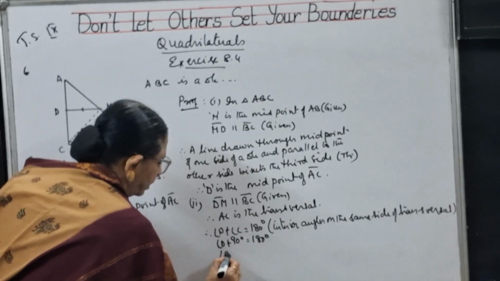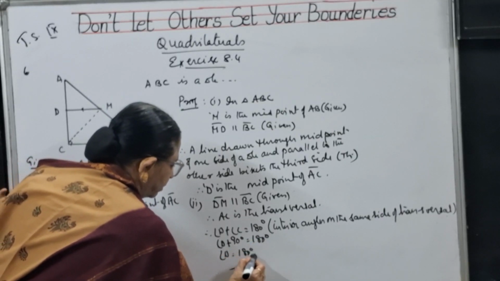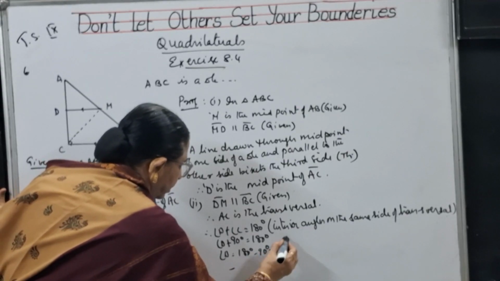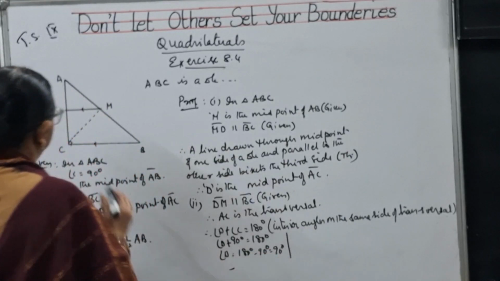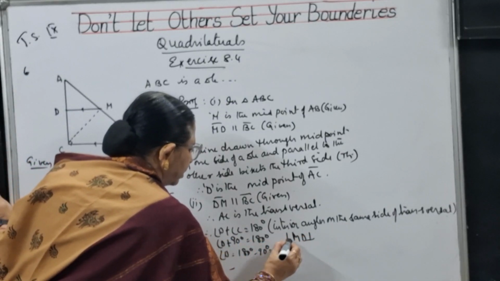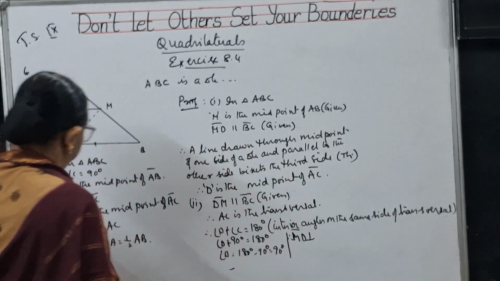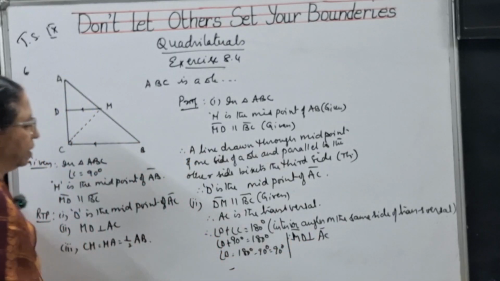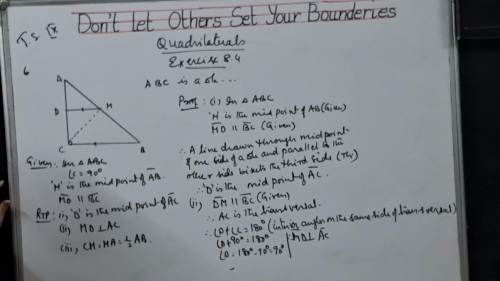So what is angle D? 180 degrees minus 90 degrees, that is 90 degrees. In that case, if angle D is 90 degrees, we can say that MD is perpendicular to AC. So this is the second proof I have proved.